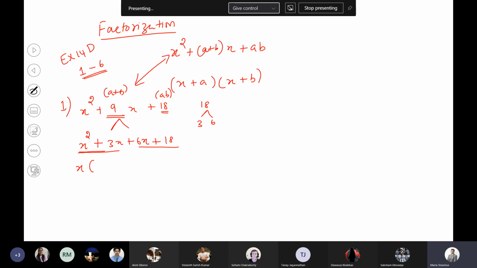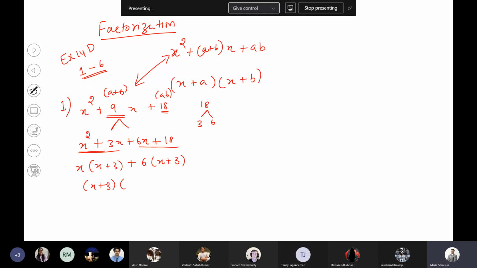And then I group x square and 3x. I take the common factor out, x. So it becomes x plus 3. And in the next two terms, the common factor is 6. So it becomes x plus 3. So the 4 terms are reduced to 2 terms, which have the common factor x plus 3.